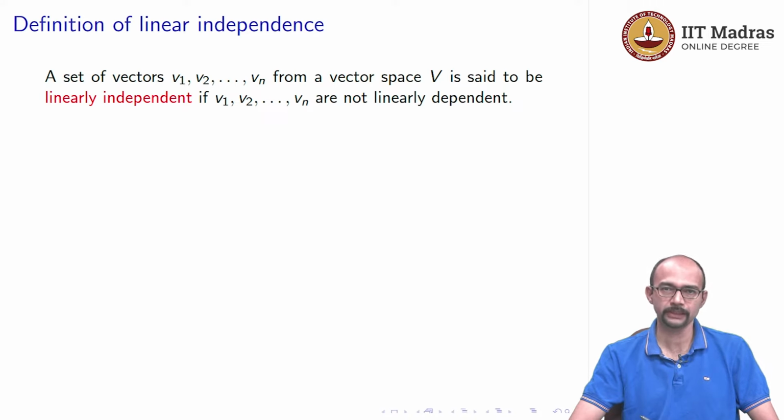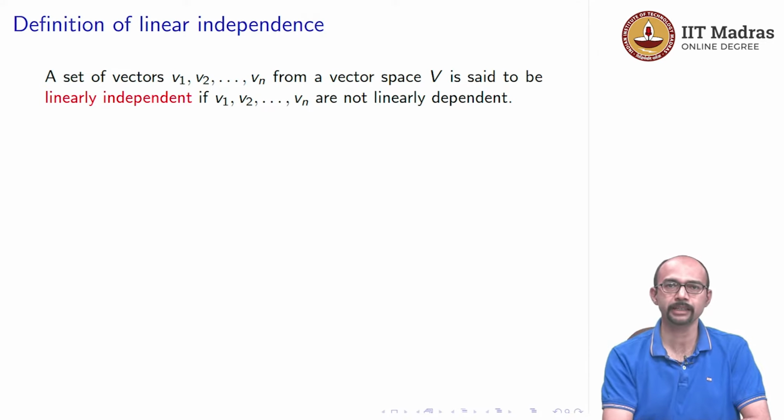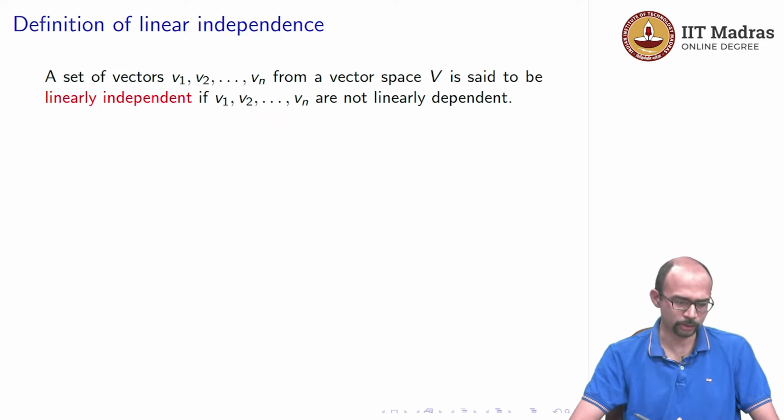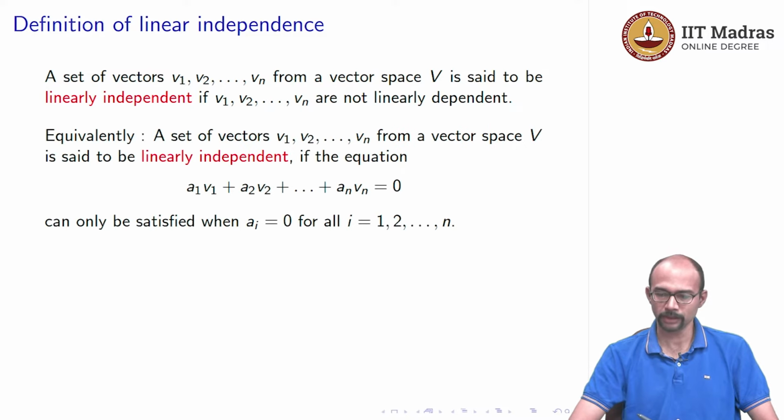This is a very easy definition. We have already studied what linear dependence is, so we say they are linearly independent if they are not linearly dependent. What does this mean in terms of linear combinations and summing up to 0?